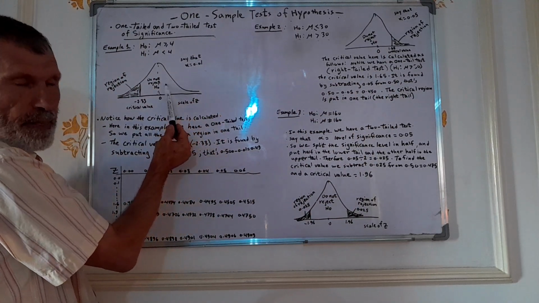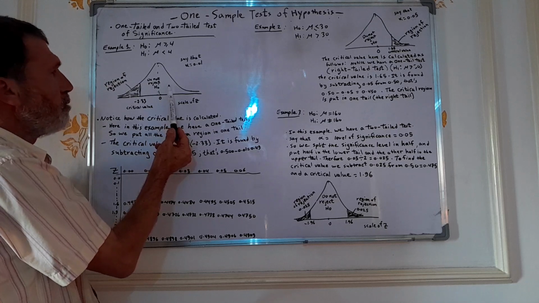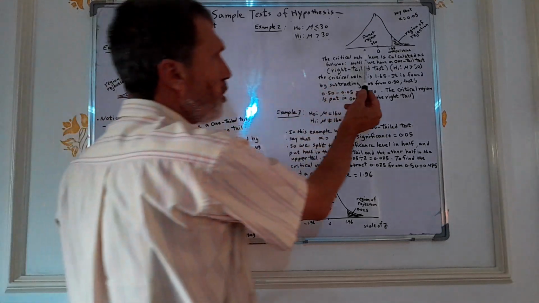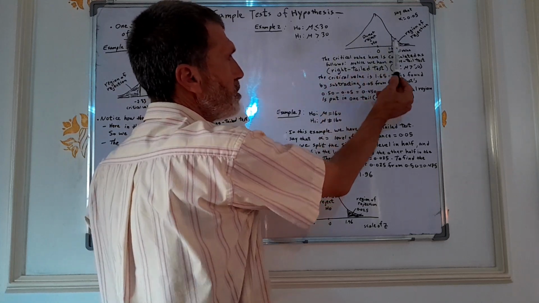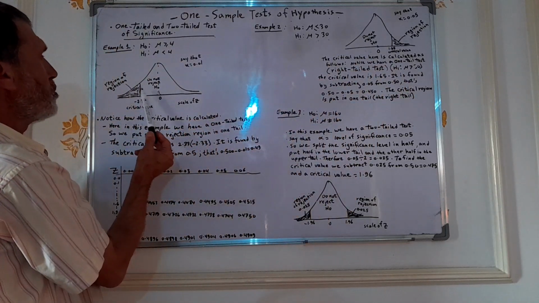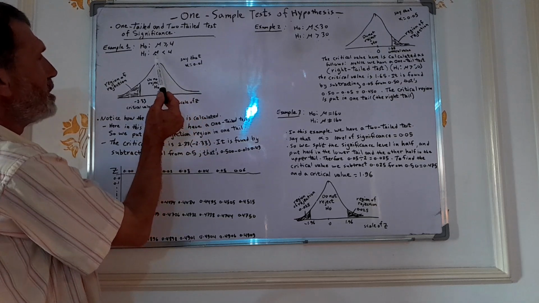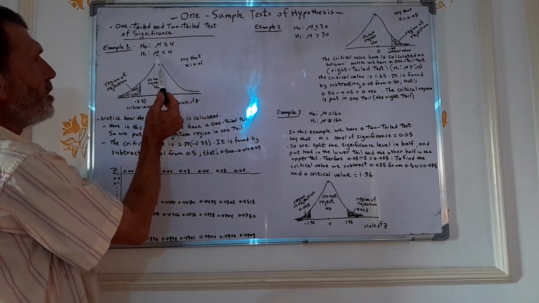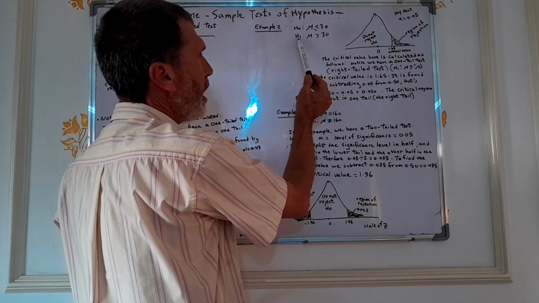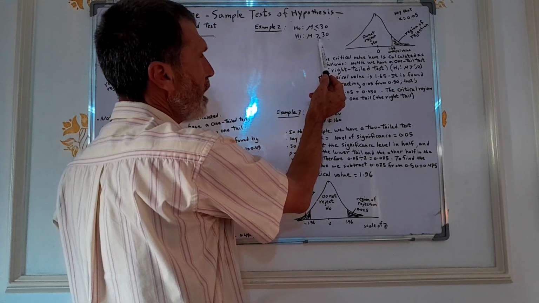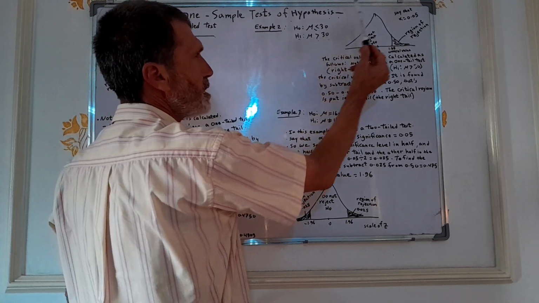Both are one-tail tests, but here the critical region is in the right, and over there the critical region is in the left, because the inequality sign there is less than, and here the inequality sign in the alternative hypothesis is greater than. So the rejection region is in the right.